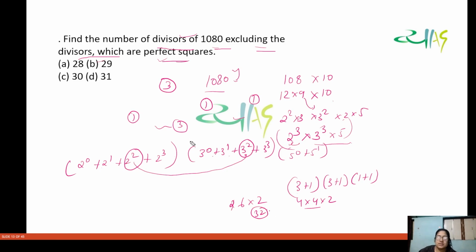And I know three numbers are perfect square, so I will just subtract this from 32. So it becomes 29. So we have 29 numbers which are not perfect square, because it is asking us to find the number of divisors of 1080 excluding the divisors which are perfect square. So now I think everybody must be clear with this concept. So these questions are so easy.